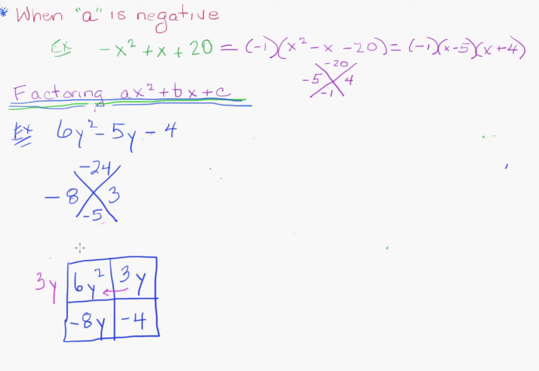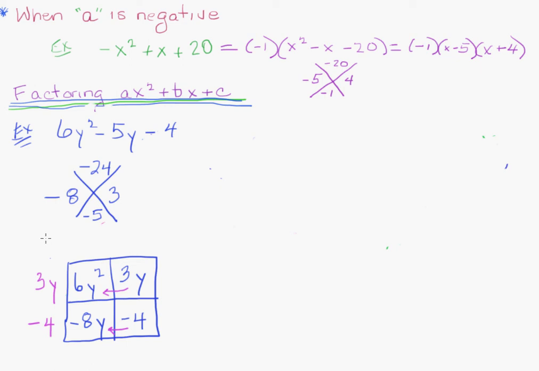Now I look across, and I see negative 8 and negative 4. Now, given this rule, when a is negative, we're going to factor out a negative first. We're going to do that here too in our box. So given that the highest power of y is the negative 8y, has the coefficient of negative 8, instead of factoring out a 4, we're going to factor out a negative 4. Okay?